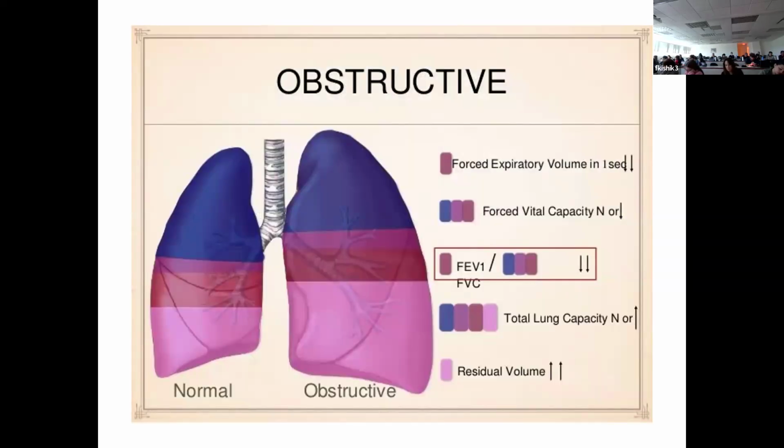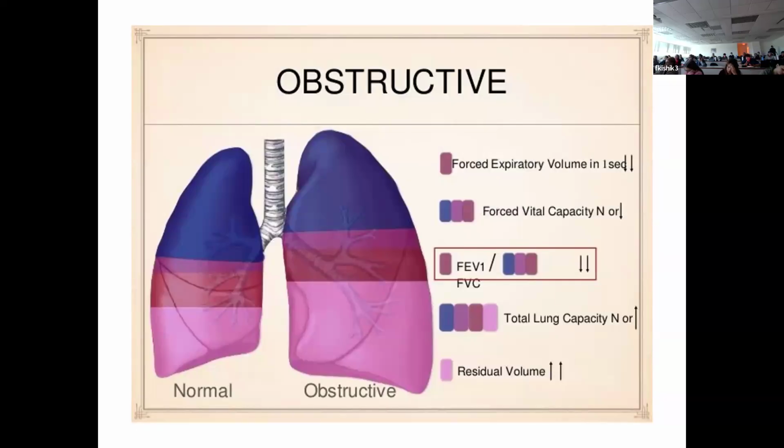So obstructive lung disease. When we think of obstructive, what disease do I want you to think of? It's COPD. Forced expired volume in 1 second is usually decreased. Air trapping is a problem. Forced vital capacity might be normal or decreased, but your FEV1 over FVC is really low.